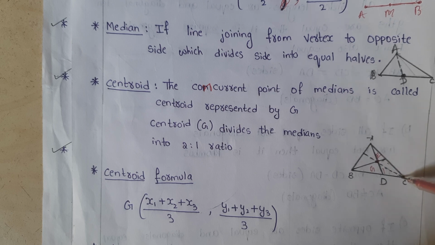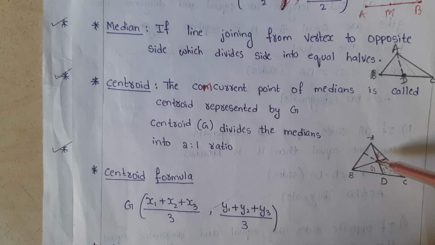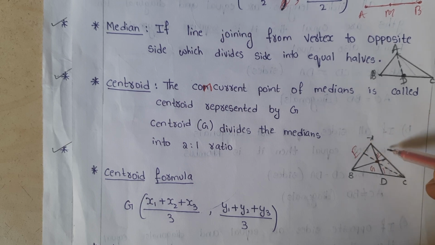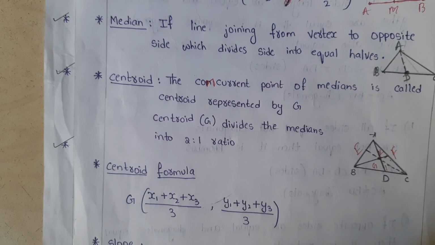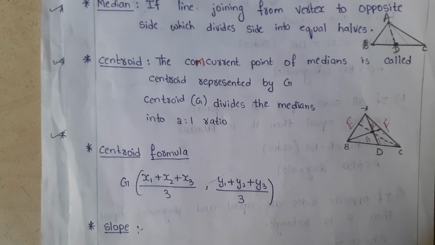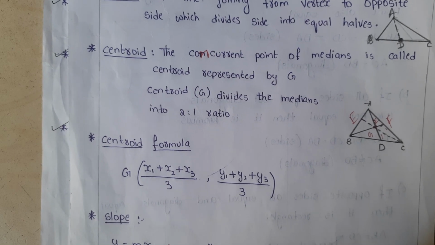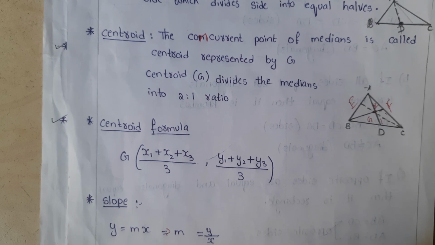From point C, this is G, CG is 2, and suppose here we take D, E, F. I am writing the points here. CG is 2 ratio, GE is 1 ratio, that is 2:1 ratio. Centroid formula: G is x1 plus x2 plus x3 by 3, comma, y1 plus y2 plus y3 by 3.